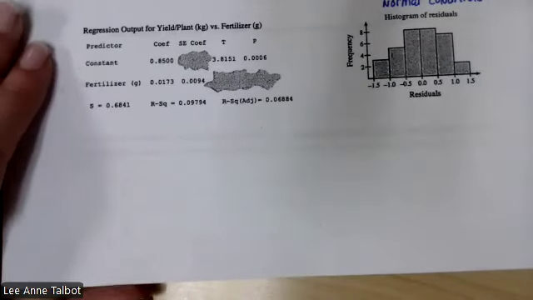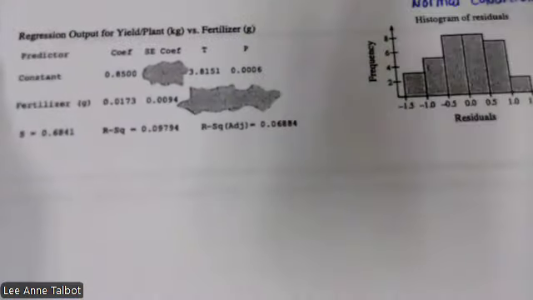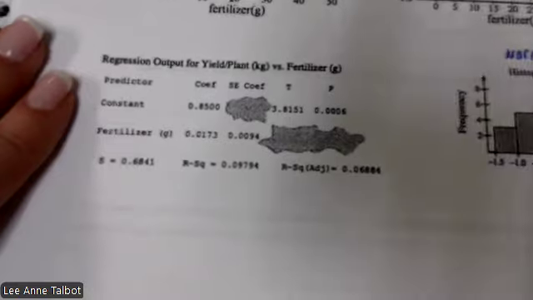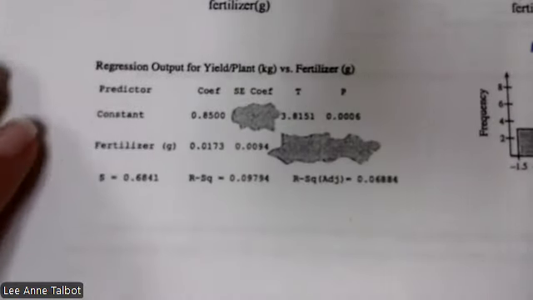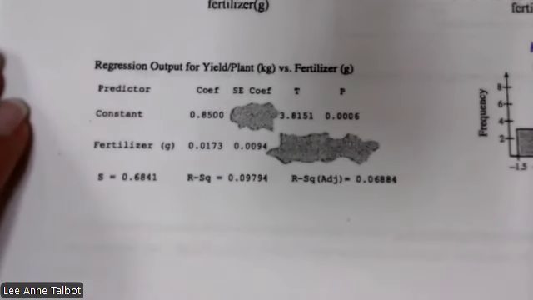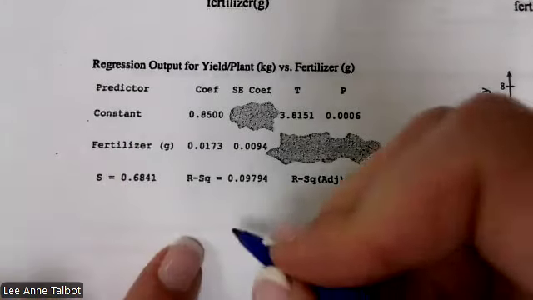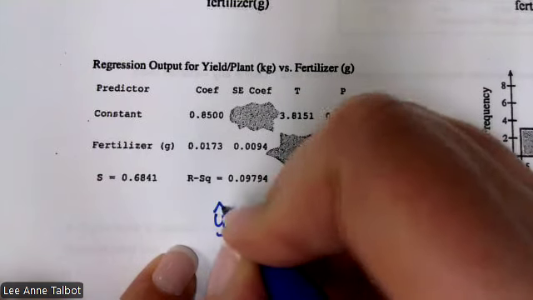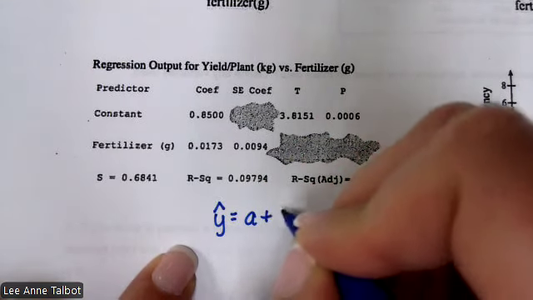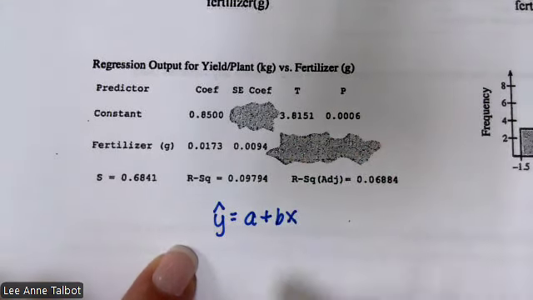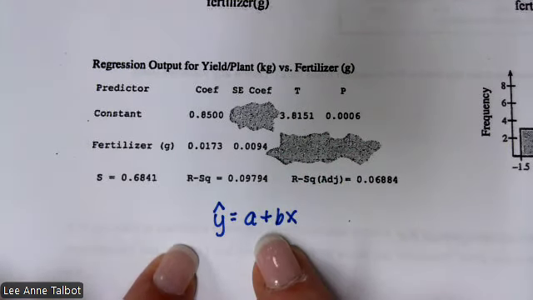Now, this is the part where we need to review everything we learned from chapter 3. So the equation is y hat equals a plus bx. B is the slope.